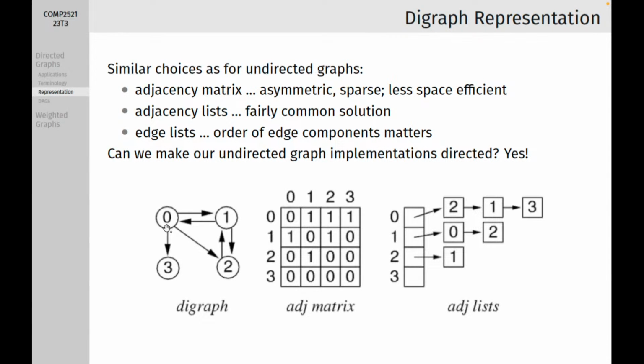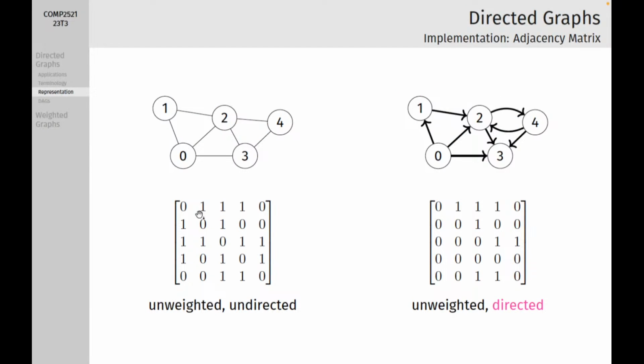For example, let's take this edge from 0 to 3. Since there's an edge from 0 to 3, that means 3 is going to be in 0's adjacency list, but 0 is not in 3's adjacency list, because there's no edge from 3 back to 0. All right, so here's the adjacency matrix representation again.